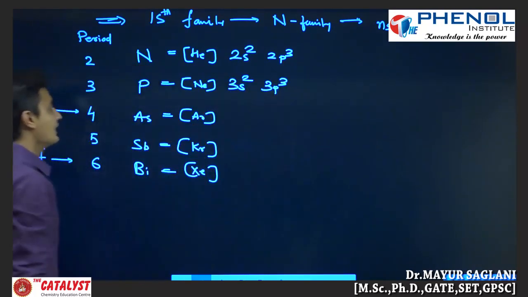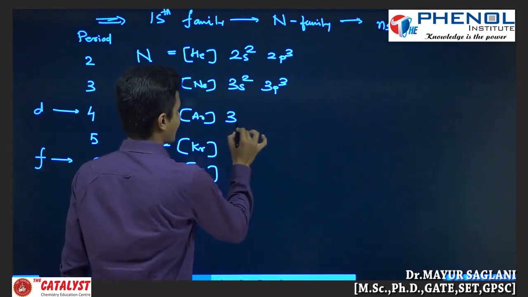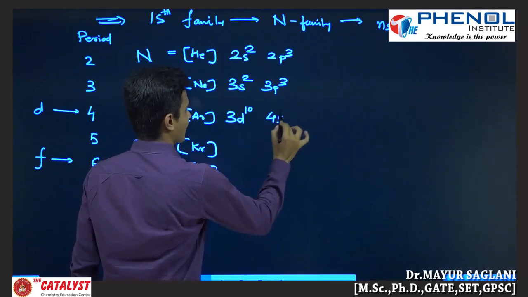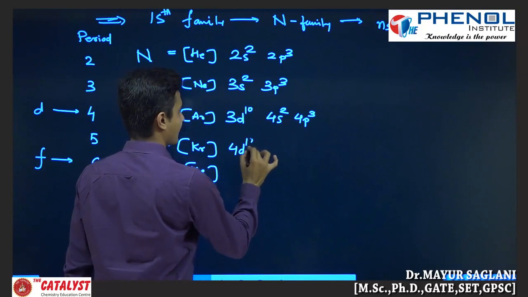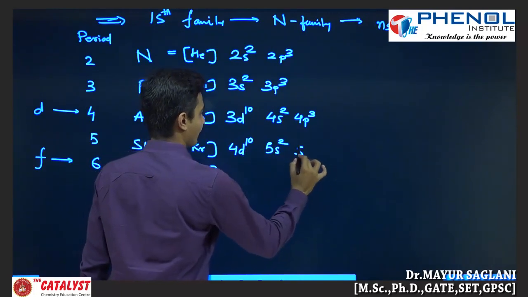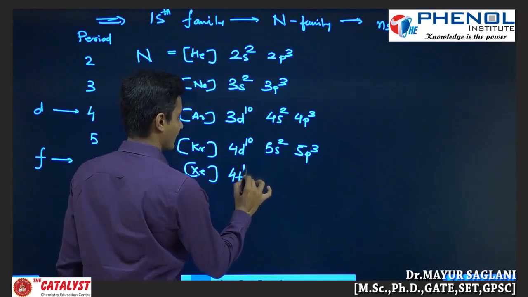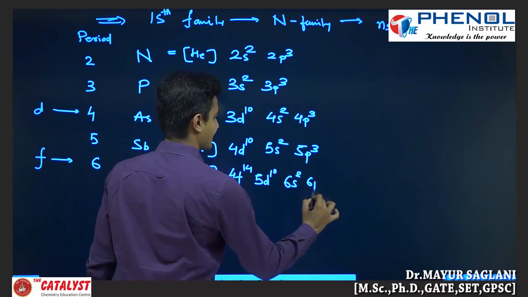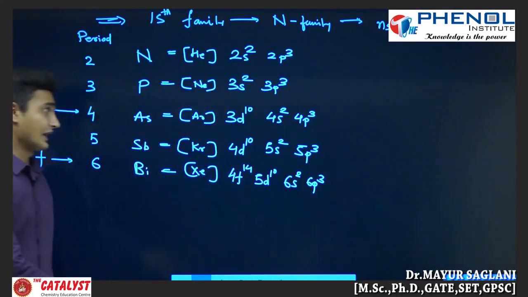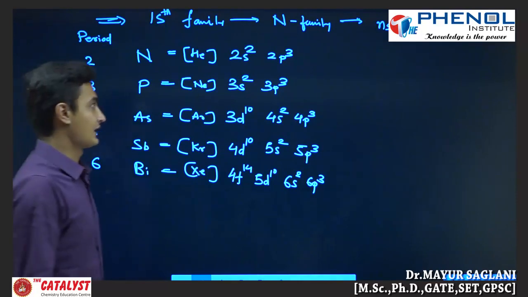For arsenic we need to write the d orbital, so it is 3d10 4s2 4p3. Likewise here 4d10 5s2 5p3, and here 4f14 5d10 6s2 6p3. So these are the general electronic configurations of the elements.